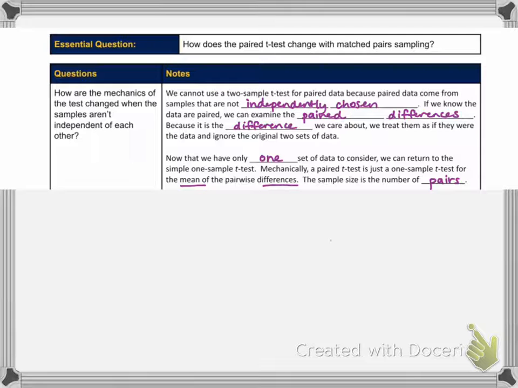Mechanically, a paired t-test is just a 1-sample t-test for the mean of the pairwise differences. You'll see what that looks like when we come back to the resting pulse rate example. The sample size, n, isn't the number of data in the original 2 sets, it's the number of pairs you have. Okay?